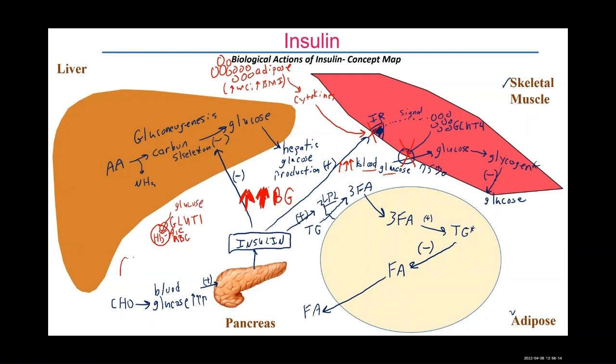But we also have our nephrons, right? These are our kidney cells. So now we have all this glucose.